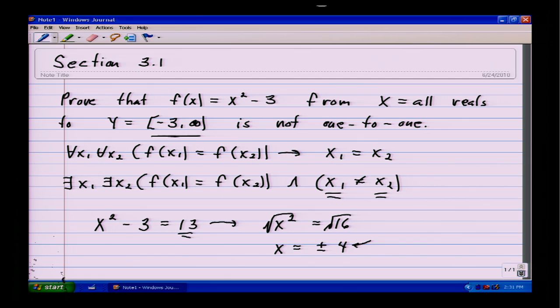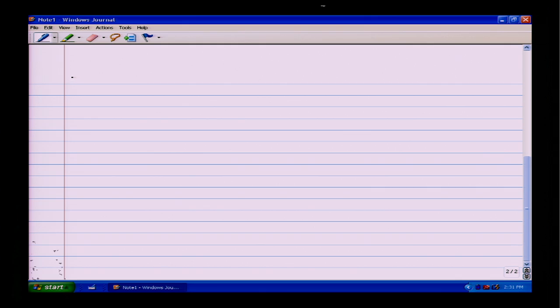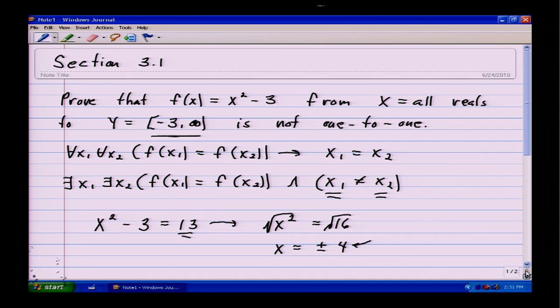Okay, so I can use this information to write up my proof that the function is not one-to-one. And so if I do that, I'm going to pick x1 to be 4 and x2 to be negative 4.